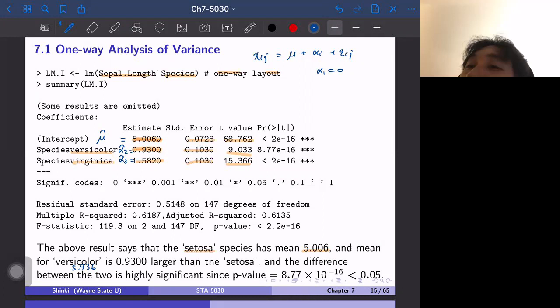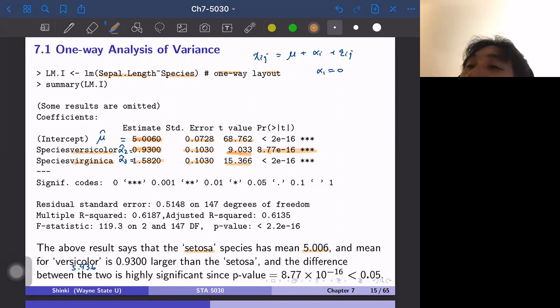And the difference between the first level, the Setosa, and the Versicolor is significant because we have a p-value less than 8.7 times 10 to the power negative 16. So it's highly significant. You can see that if the t-value is usually larger than 2 or so, then it's significant at the 5% level. So it's 9, pretty large. So Versicolor is significantly larger than the Setosa.